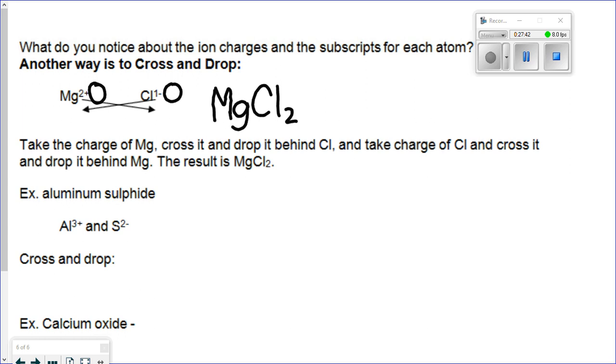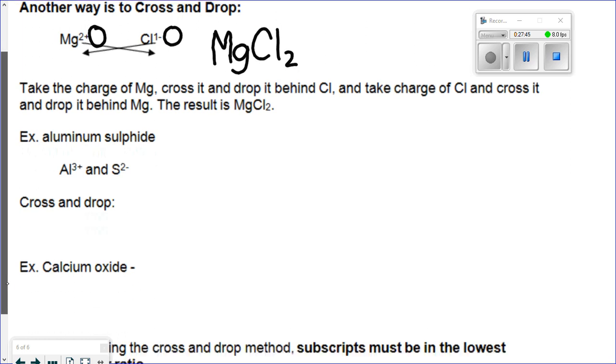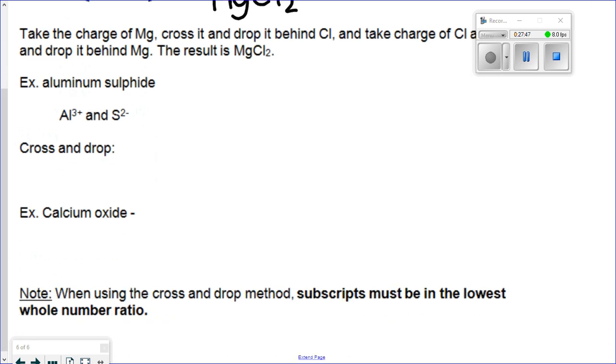Where it can kind of create a problem is something like this calcium oxide. So Ca forms a 2 plus, oxygen forms a 2 minus. If you did the cross and drop, what you might accidentally do is take the 2 from the oxygen, put it next to the calcium, and take the 2 from the calcium and put it next to the oxygen.